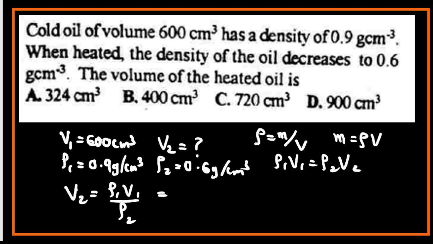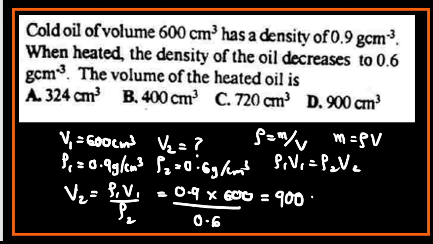Rho 1 is given as 0.9. V1 is given as 600. Rho 2 is given as 0.6. So just by looking at that, the answer is going to be 900 cm cube. So the answer to that is 900.